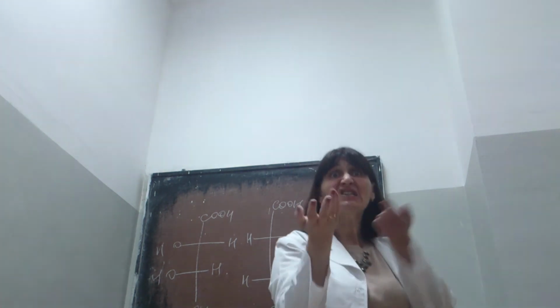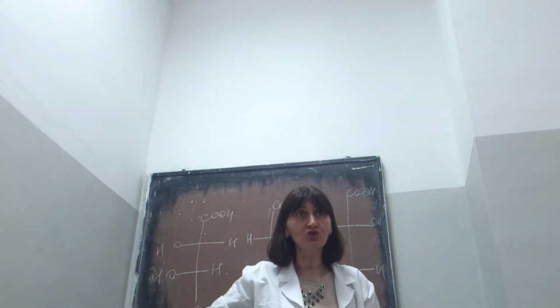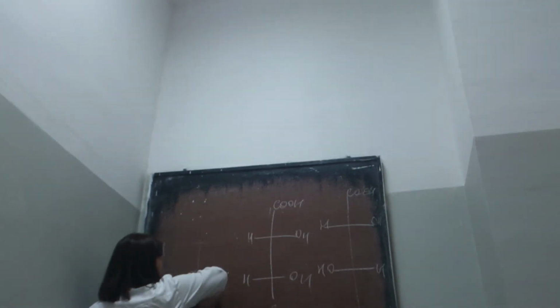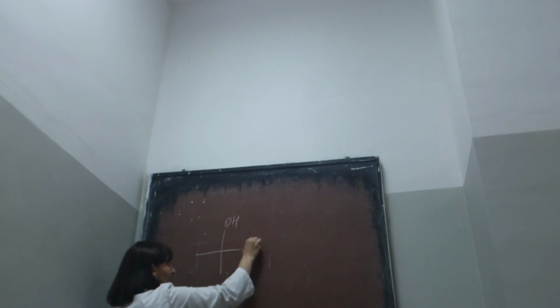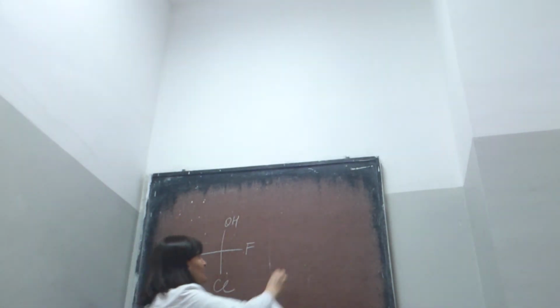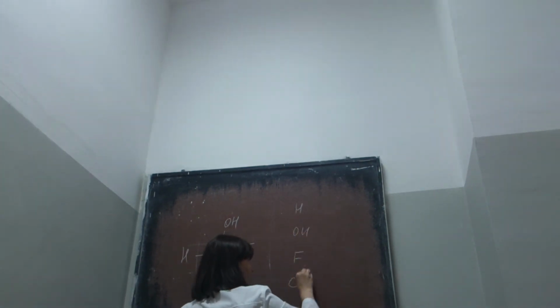Now let's discuss how you can determine which one has higher priority and which one has lower priority. First of all, let's discuss molecules where you have only one chiral carbon. Look, if you have this structure, C, OH, F, Cl, H, your substituents are H, OH, F, and Cl.